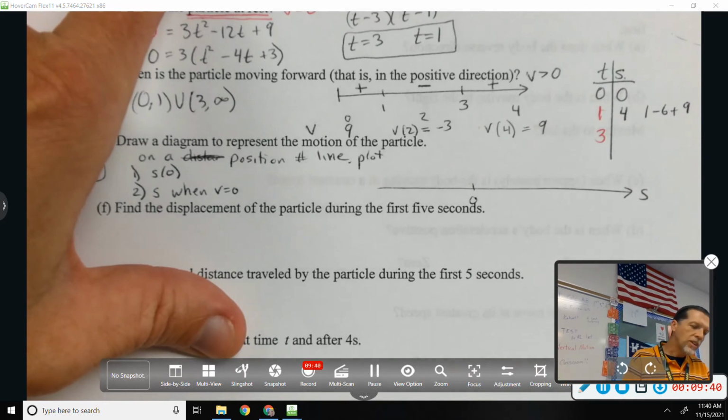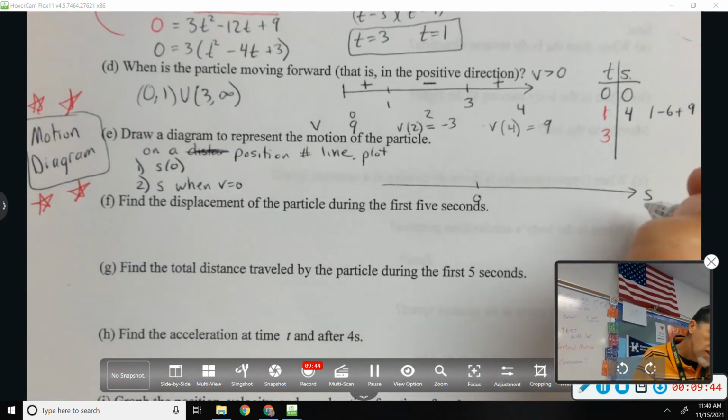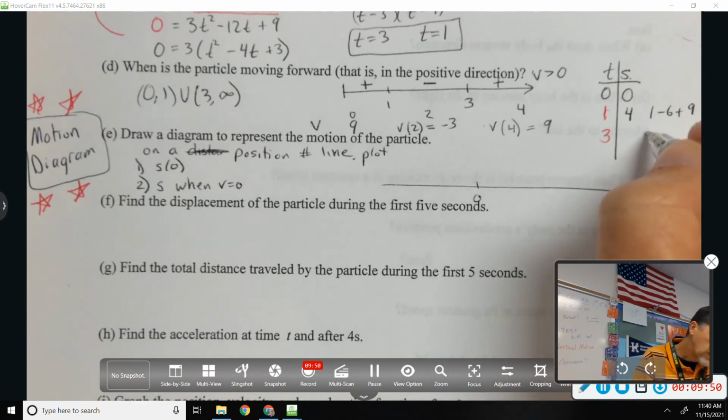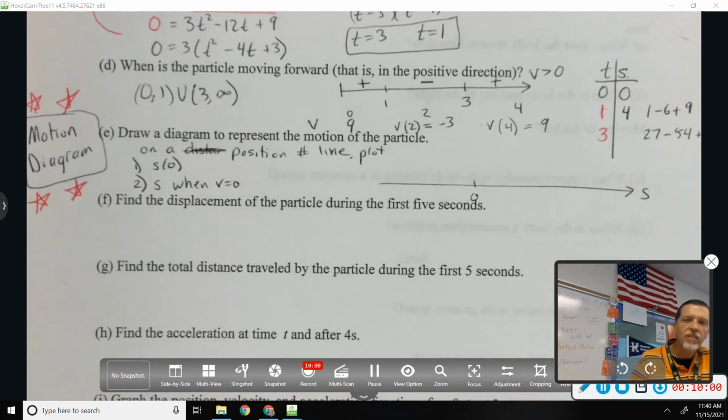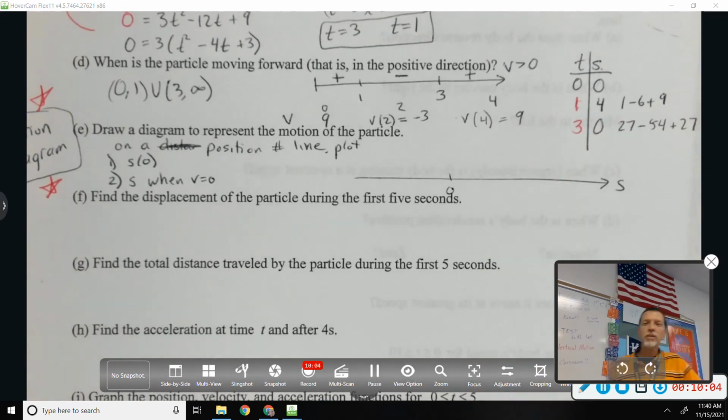I'll put these on the graph in a moment. And then if I plug in 3, 27 minus 54 plus 27. Oh. Well, that looked terrible, but turned out to be just fine.